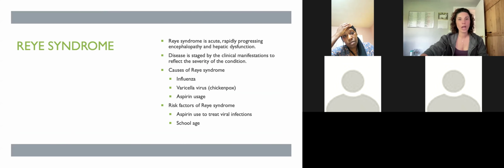Moving on to Reye syndrome. So this is encephalopathy and hepatic dysfunction caused by aspirin in the presence of a viral infection. So if we have a patient with flu-like symptoms and we give them aspirin to try and counteract those flu-like symptoms, we can cause Reye syndrome.